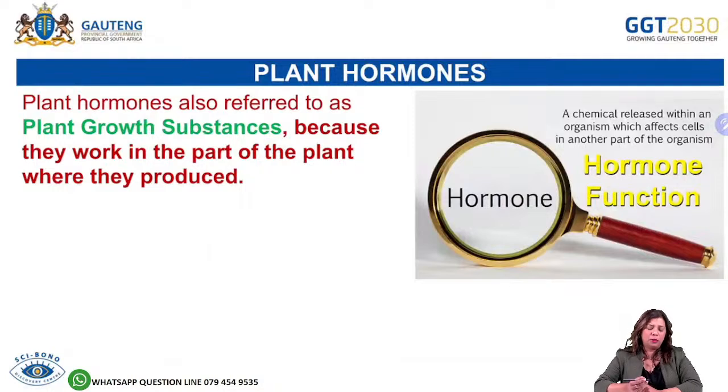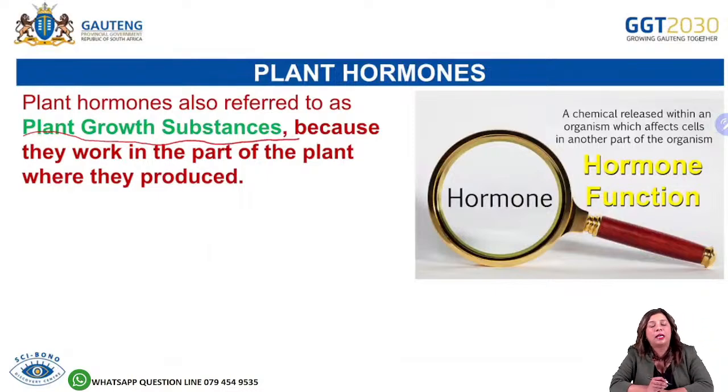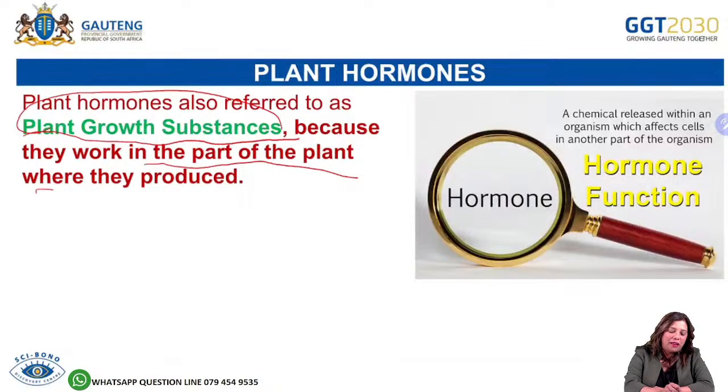If we look at the note, it says plant hormones are also referred to as plant growth substances. Obviously, because plant hormones help the plant to grow. That's their main purpose. They are referred to as plant growth substances mainly because they work in the part of the plant where they are produced.